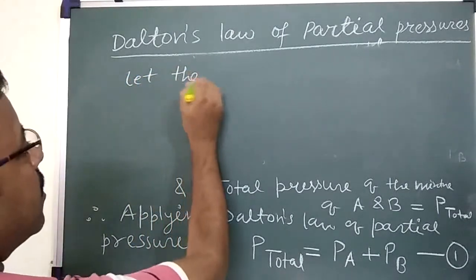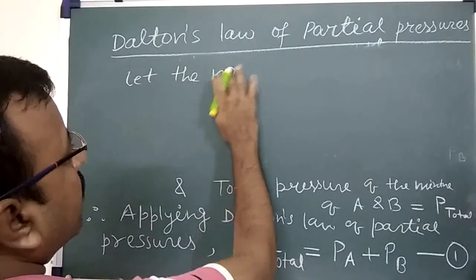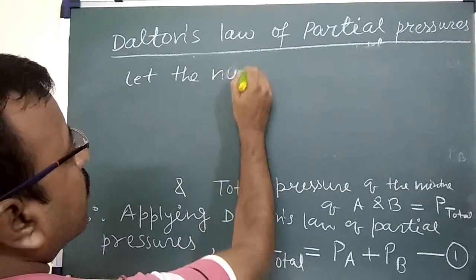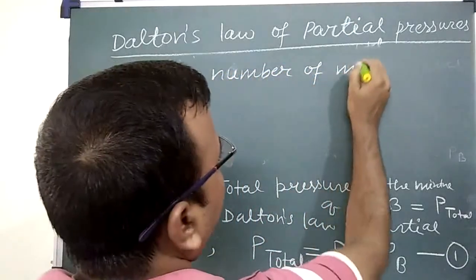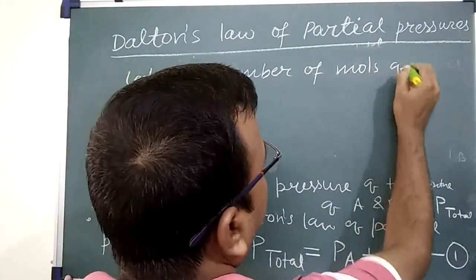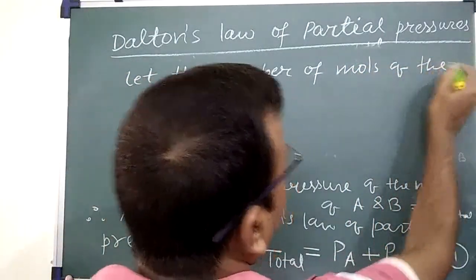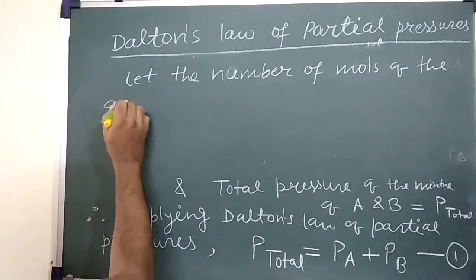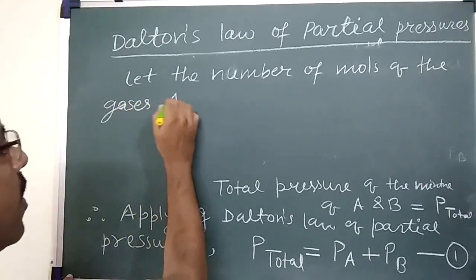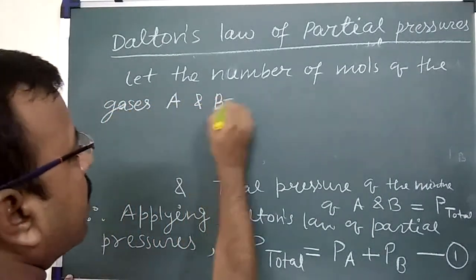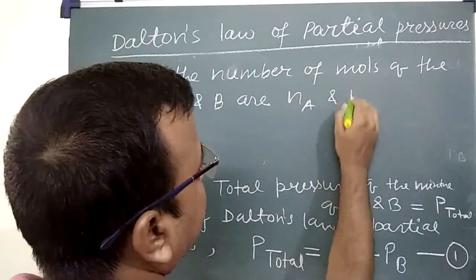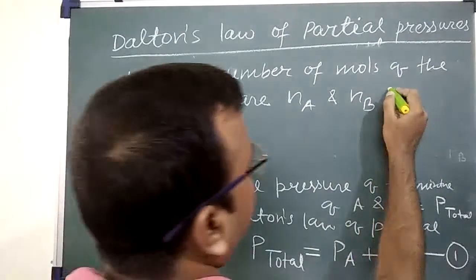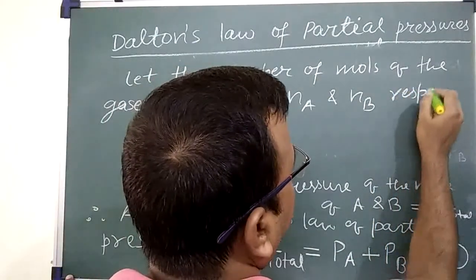Let the number of moles of the gases A and B be Na and Nb respectively.